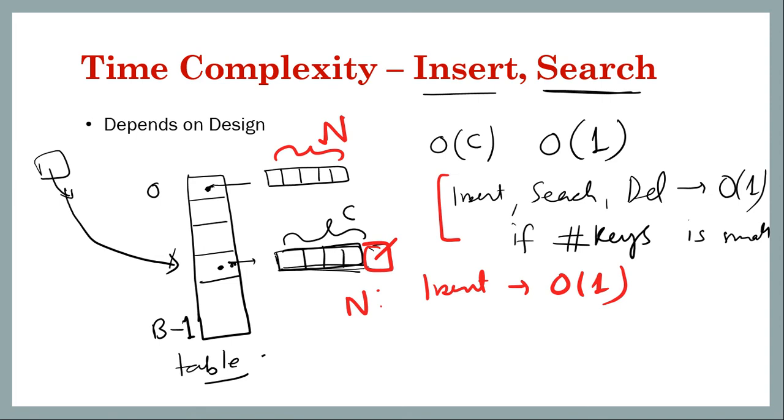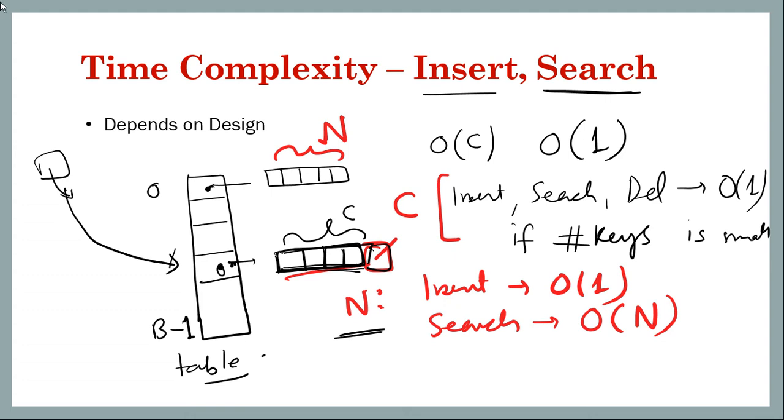So this was for the case of c keys in each bucket, and here it's n. But search in a linear array or linked list will take O of n time. So in such cases, you should not use a linear storage like an array or linked list for storing your keys within the same bucket.